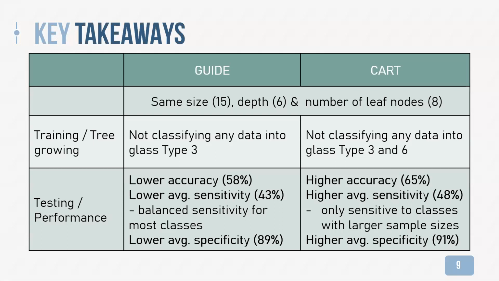But for sensitivity, we can see there's balanced sensitivity for most classes for GUIDE, because it can at least predict number 6, but for caret, it cannot predict class number 3 and number 6. So it looks like generally caret performs better, but there is some problem there. Okay, next.